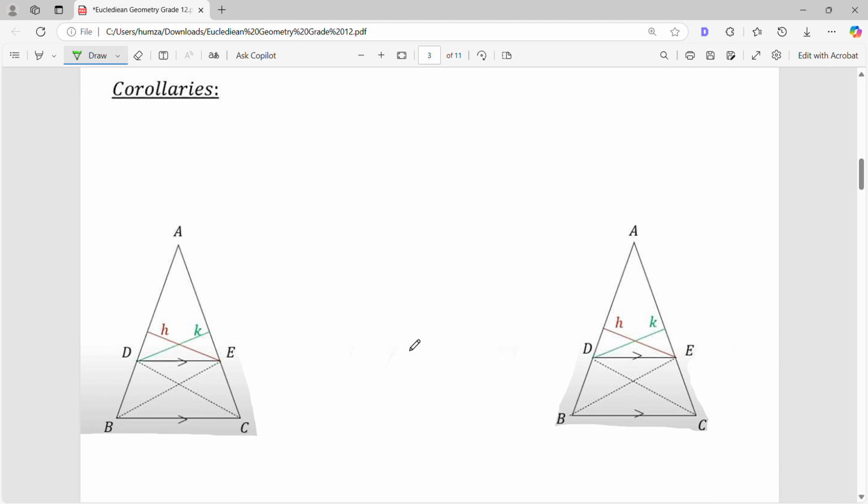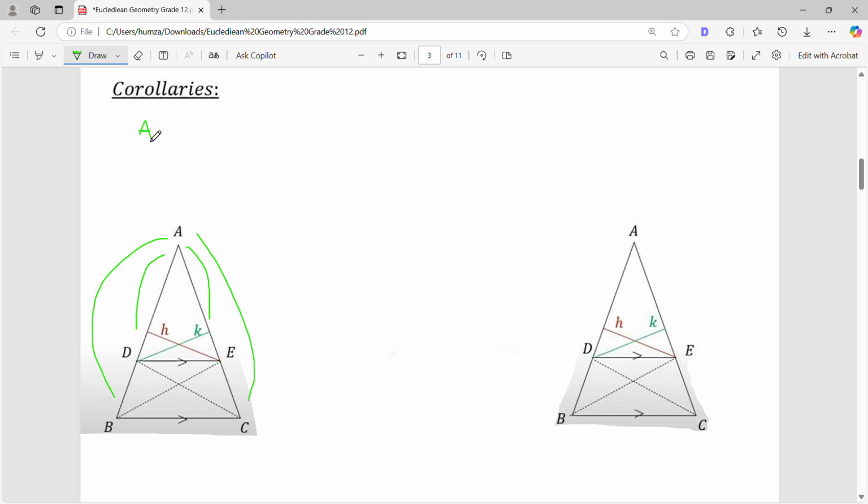Now let's discuss the corollaries. Now we can say that this AD is equal to AB, and this AE is equal to AC. So how can we write this?